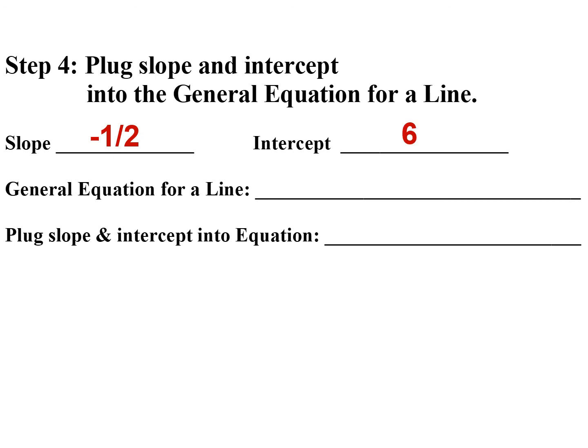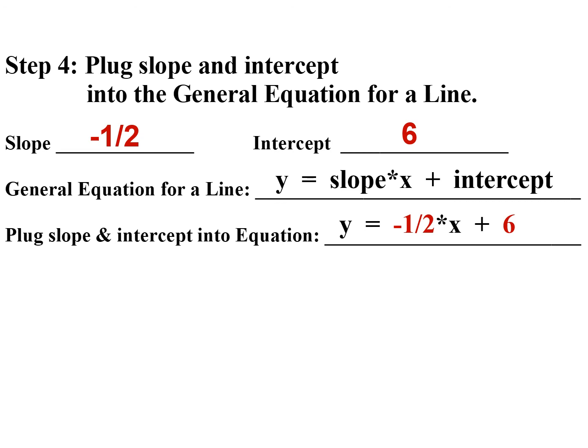From step 3, we know the intercept is 6. And we know the general equation for a line is y is equal to slope times x plus the intercept. So now, substituting our values, the equation for our specific line is y is equal to minus 1/2 x plus 6.